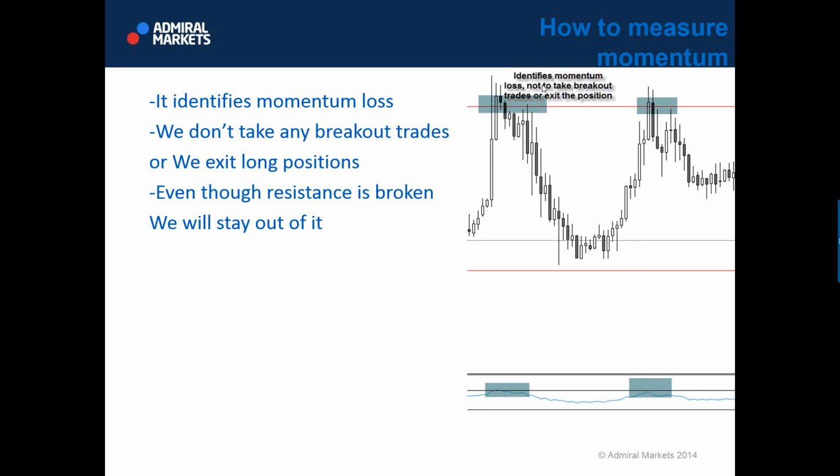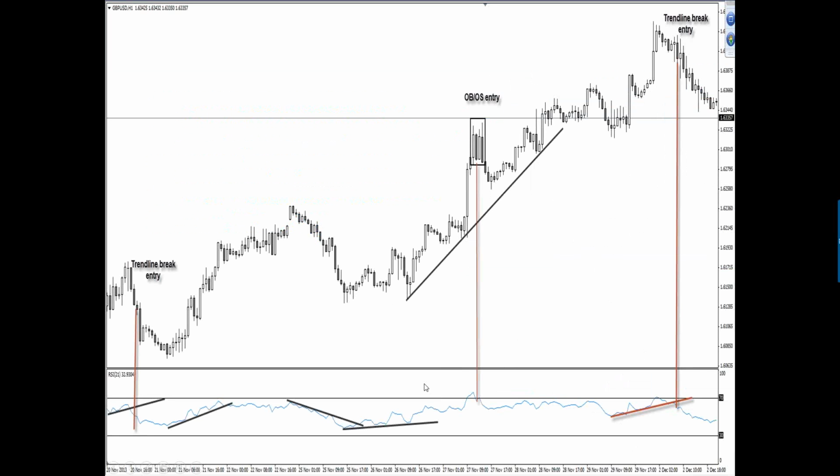So once you see that the price is going to hit the resistance and you think that you should buy into resistance, just check your RSI indicator. If you see that RSI is very close to 70, do not take the trade. It can save you from making a bad trade.